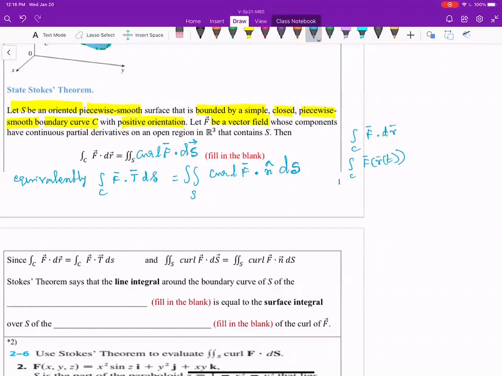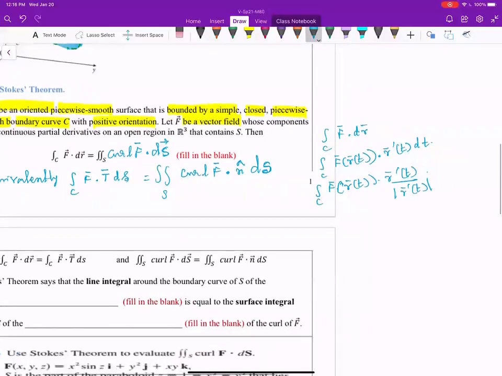If we consider C to be a curve with a parametric representation r of t, then dr is nothing but r prime t dt. In other words, it's the integral over C of F of r of t times, if I divide and multiply by the length of r prime t, then I multiply by the length of r prime t dt.